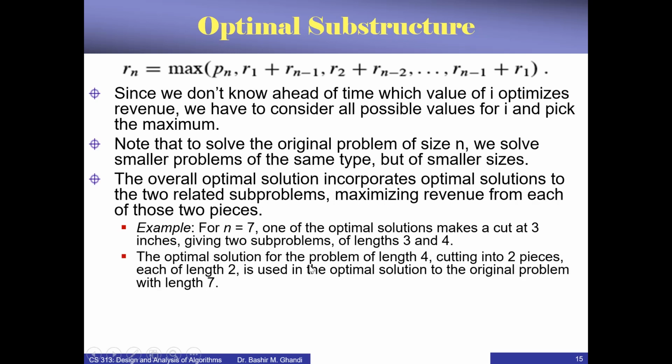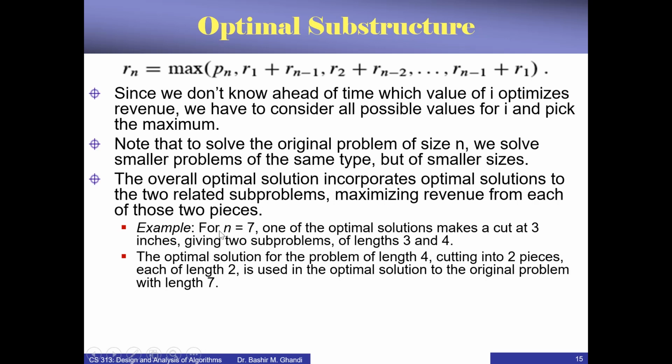Now, the optimal solution for the one of length 4 involves cutting the piece of length 4 into two pieces, which, if you recall, will give you 5 reals each for a total of 10 reals. So this optimal solution for the length of 4 is being used in the optimal solution for the length of 7.